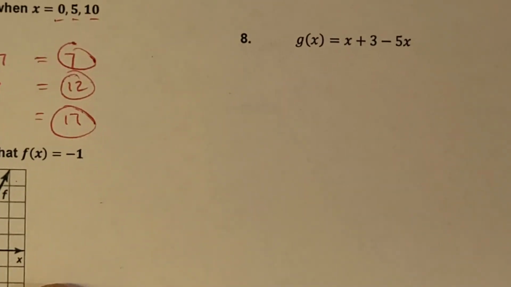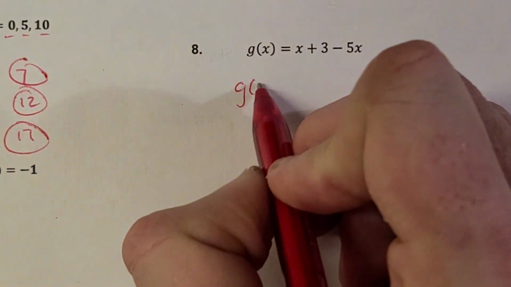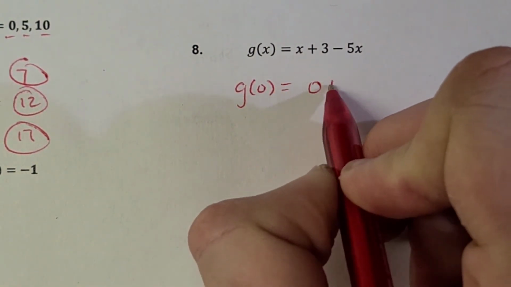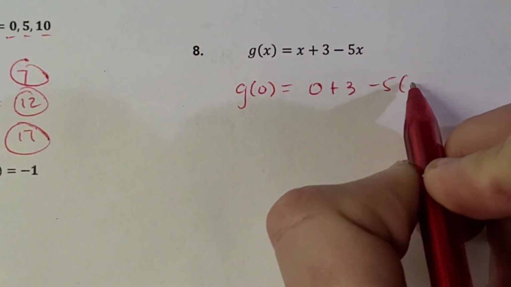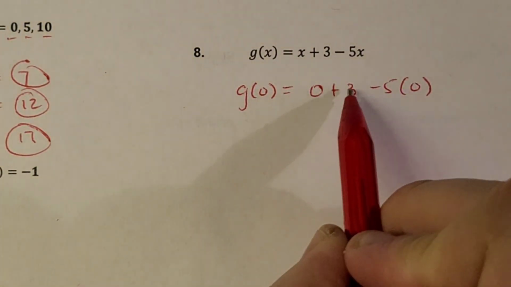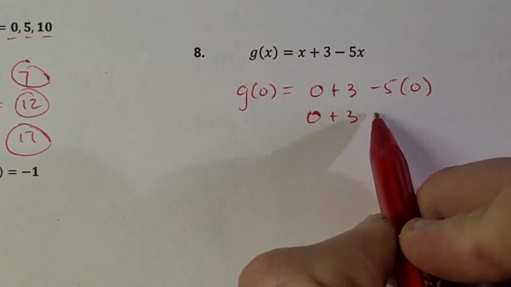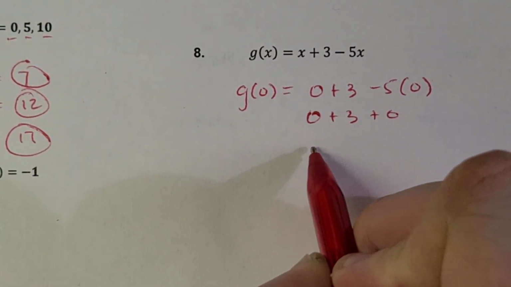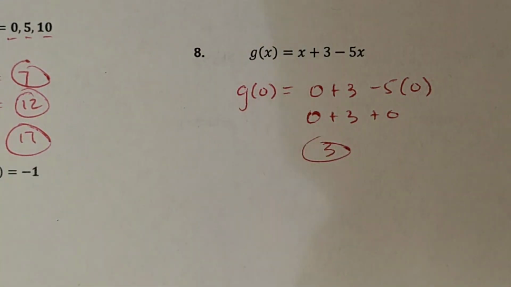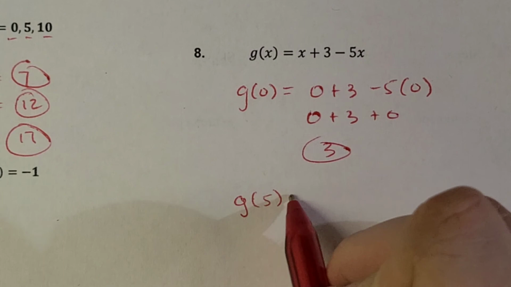Now number 8 was a little bit more fun. So I'm plugging in those same 3 numbers, so g of 0, but I have 2 different places where I'm going to plug in a 0 this time. So 0 plus 3 minus 5 times 0, well, -5 times 0 is 0, so all of this comes out to 3. I'll do the same thing by plugging in 5.